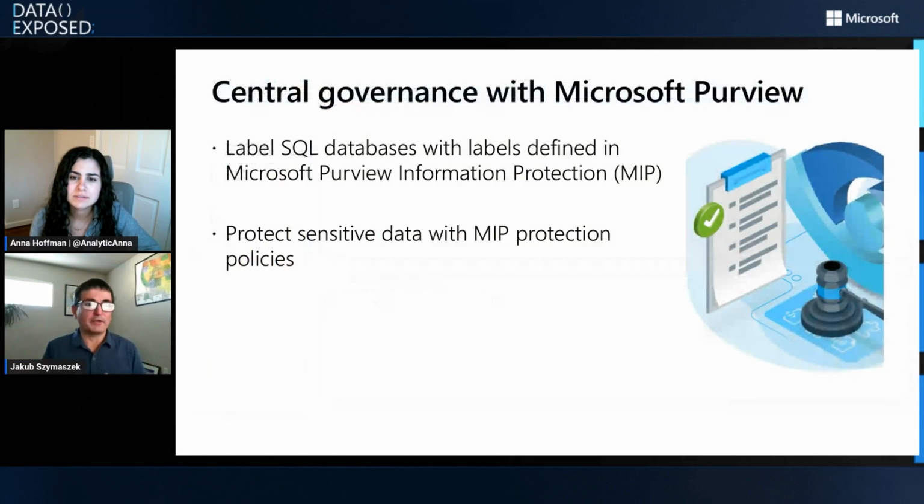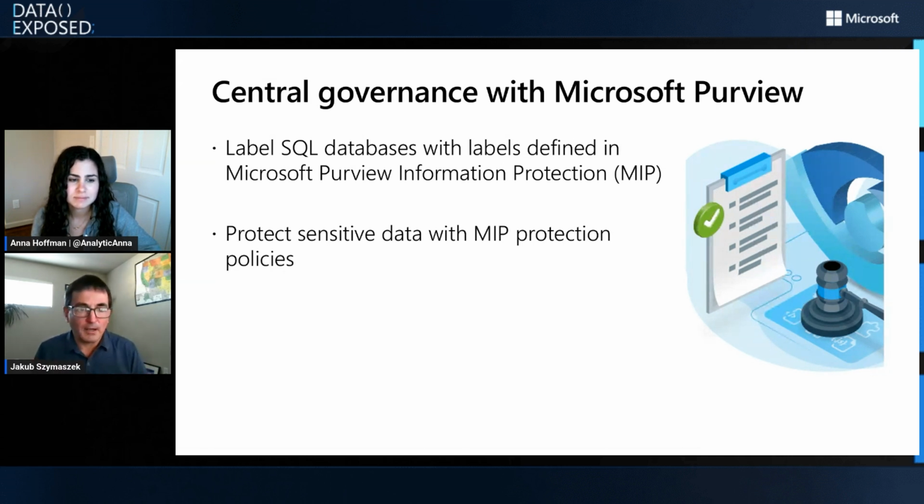We hear a lot of people talking about Purview. Like, how does Purview work with Fabric SQL Database? Yeah, so first it's important to call out that Microsoft Purview is not new in general. It has been used for years by many Office 365 customers to secure sensitive information in Office documents, emails, and so on, right? Now, Microsoft Fabric is bringing these important benefits to the world of data, which includes SQL Database in Fabric.